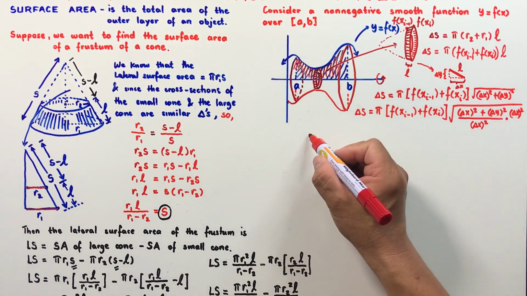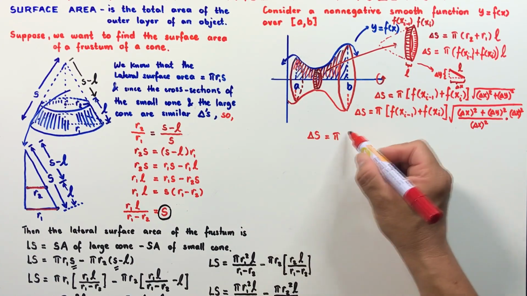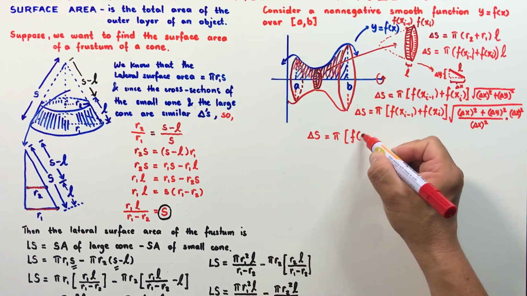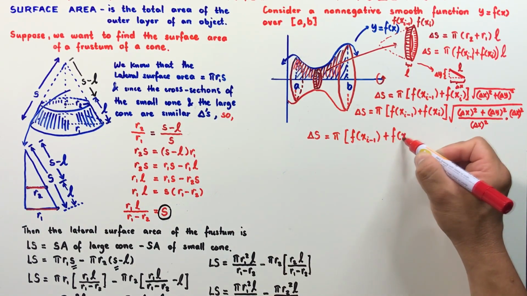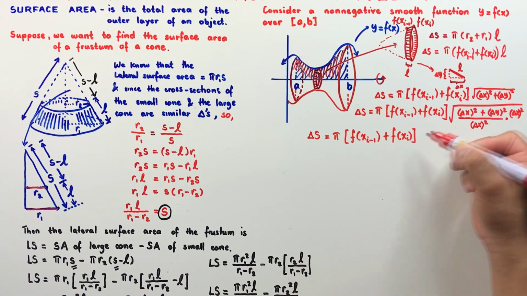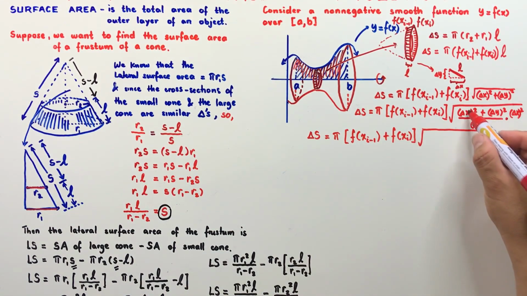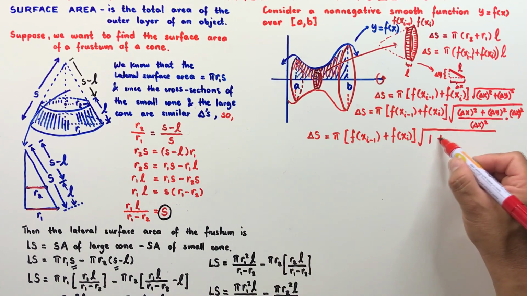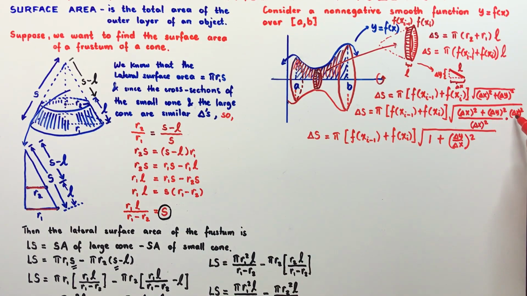So we have our delta S, which is equal to pi times f of x sub i minus 1 plus f of x sub i multiplied by this square root of 1 added to delta y over delta x quantity squared, but this delta x squared can be factored outside as delta x.